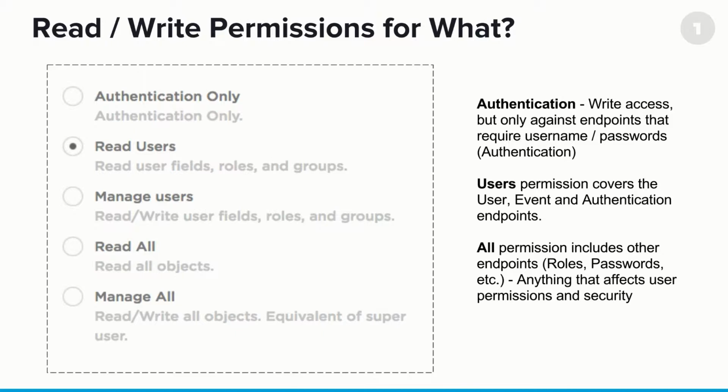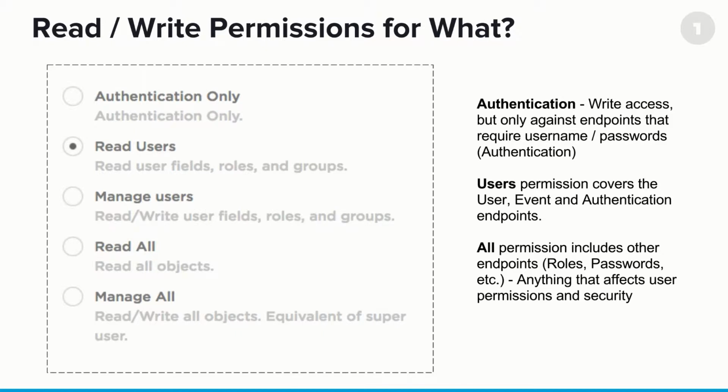Part of the reasoning behind this is we never wanted to allow for what's called escalation of privileges. That's a fancy word for saying we don't want to give someone permission to give themselves more permissions. So in the case of the user endpoints, for example, we don't want to allow someone with read user permission the ability to change somebody's passwords.